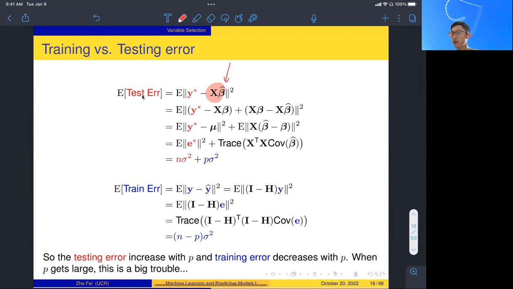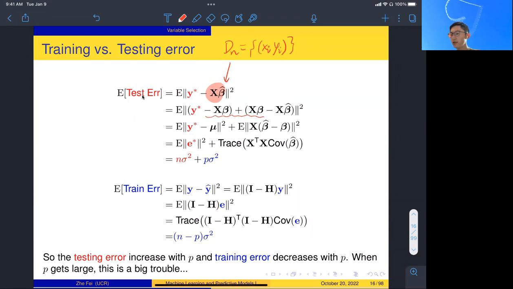To be specific, this beta hat is what we estimated from the training data dn using xi, yi. And then the X is the X in the testing sample. Then with some simple derivation, we subtract and add the same true X beta, and we separate this testing error into two parts.